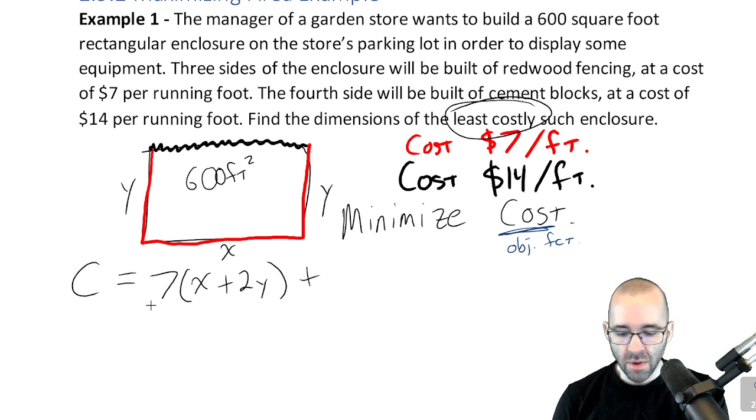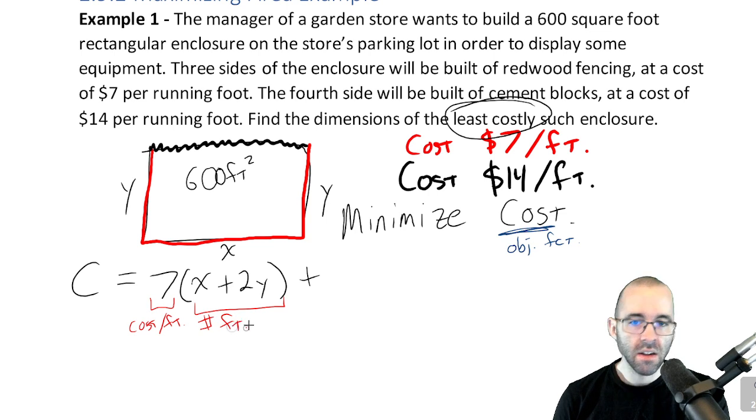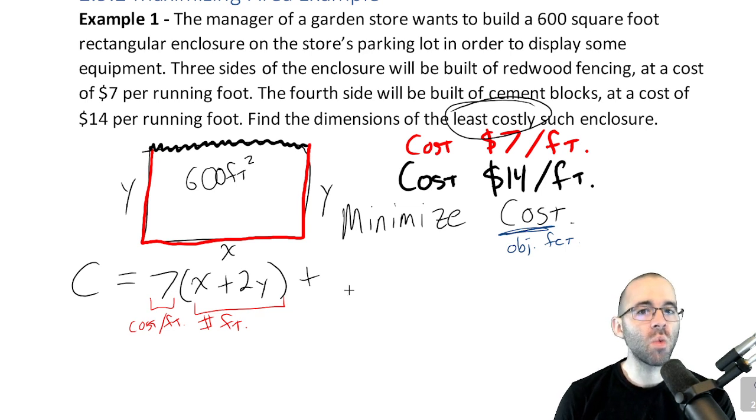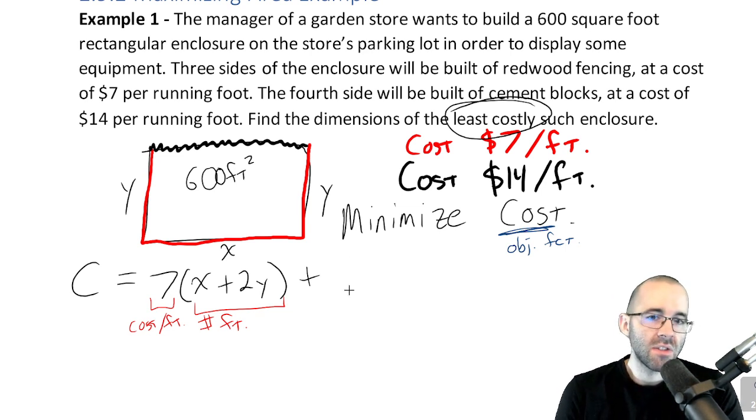So what is this, right? This is $7 per every foot. So this is our cost per foot. And this right here is the number of feet. The bottom, which is x, and both sides, which are each y. And we have y plus y, so that's 2y.